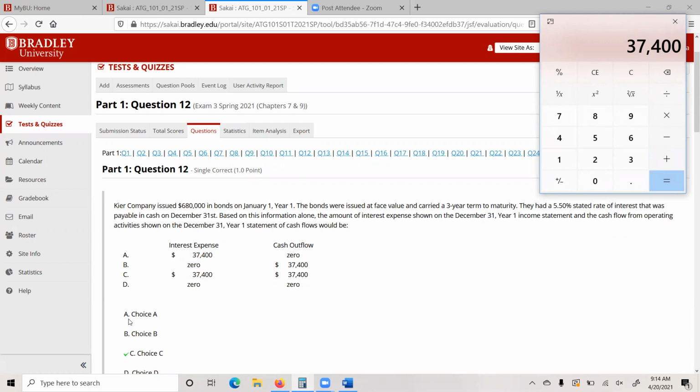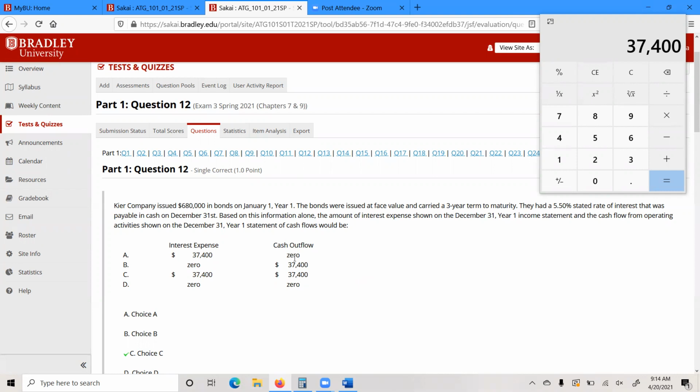So solution is C, and that is because interest is paid at the end of the year. So we would have had cash outflow of interest at $37,400 and interest expense of the same. We would not have had any interest to accrue, so there would not be any difference between the two.